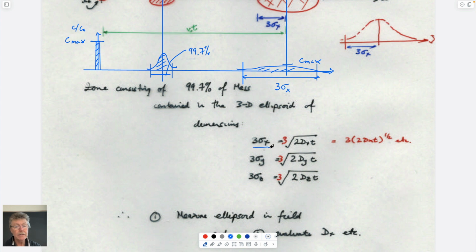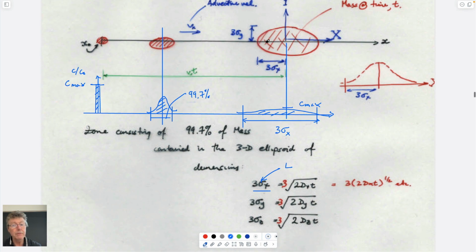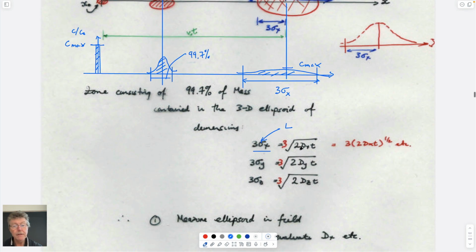If you know this length, which I presume you could get from measuring it, and you know how long the plume has been in the field, then you can calculate what the dispersion coefficient would be. So you could calculate from this the unknown parameter, which is equal to dl.